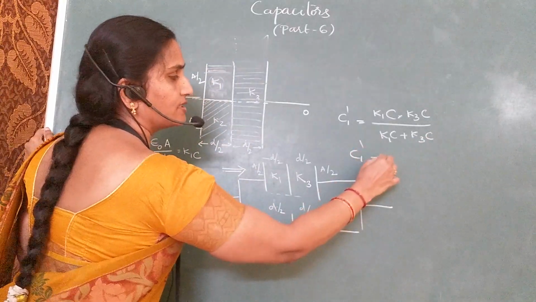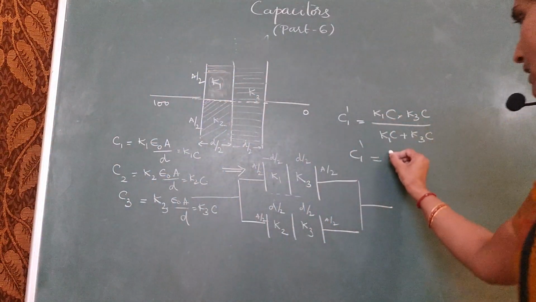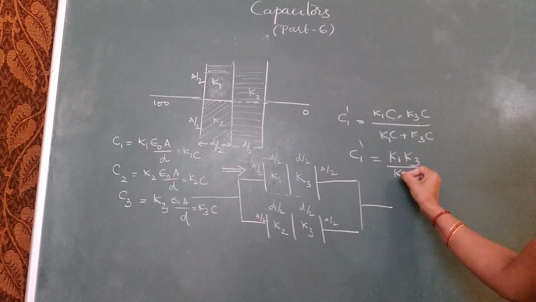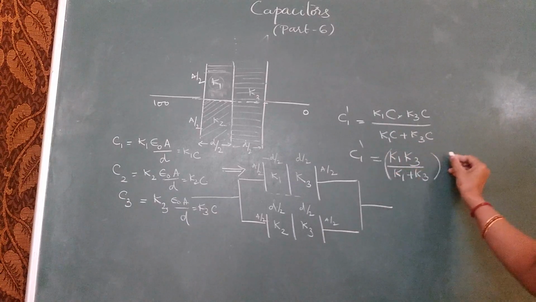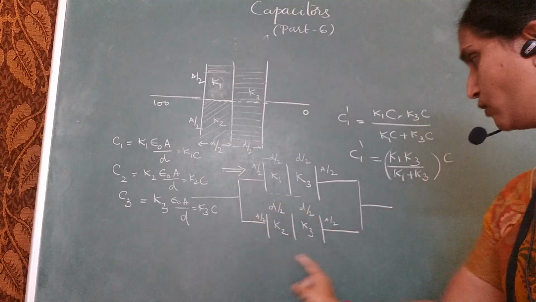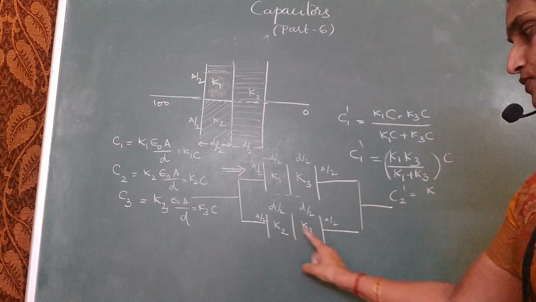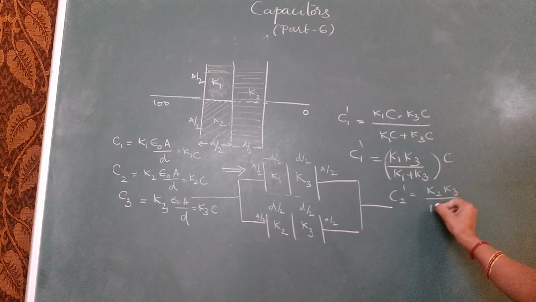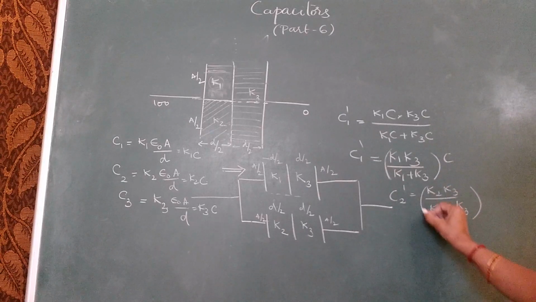So the upper portion's equivalent capacitance will become K1 K3 by K1 plus K3 into C. Similarly, for the lower part, what will you get as C2 dash? It's a combination of 2 and 3. K2 K3 by K2 plus K3 into C.